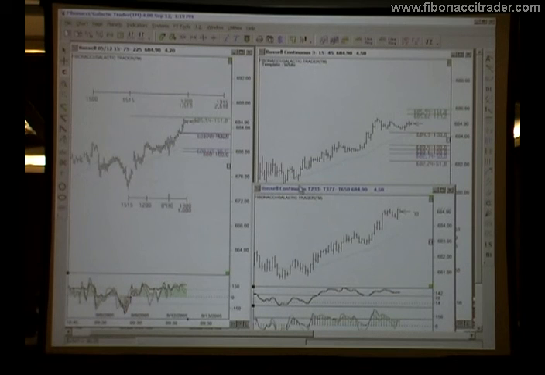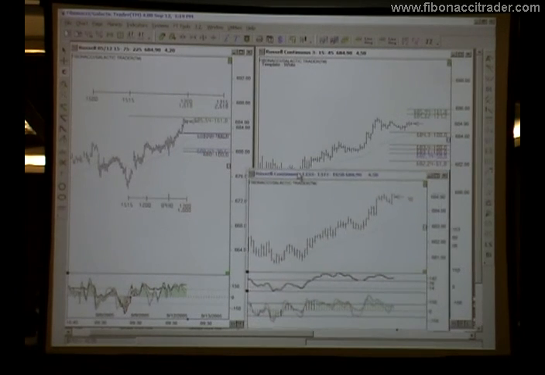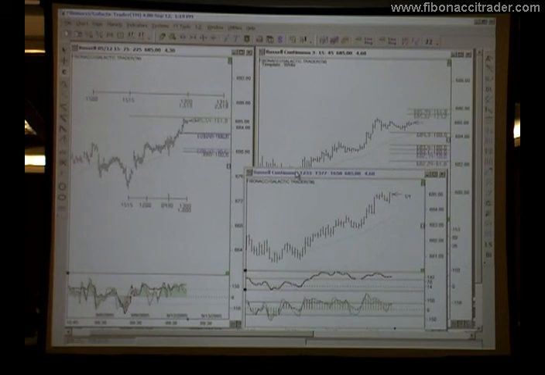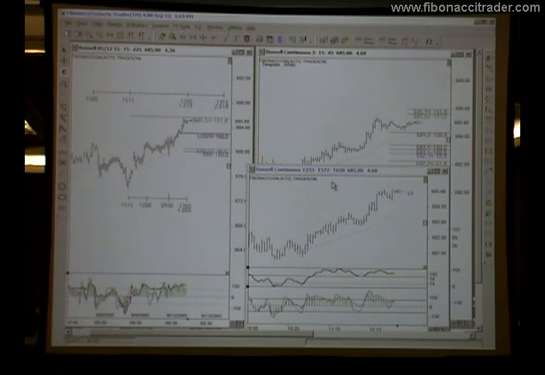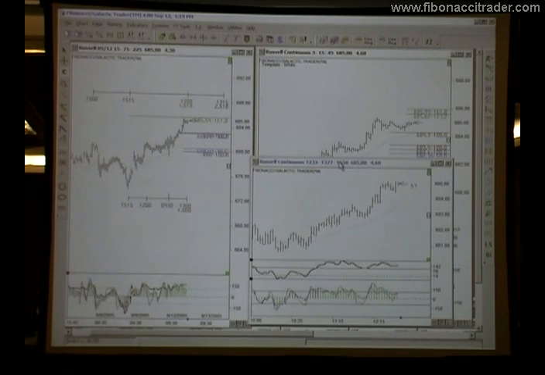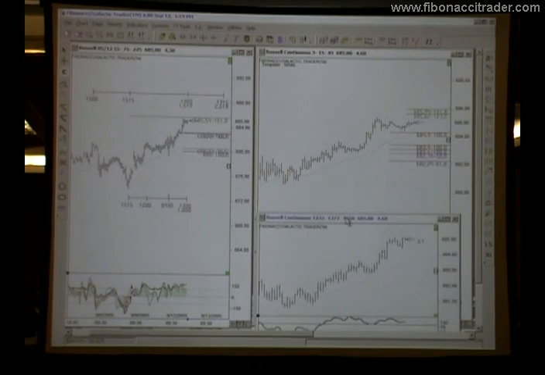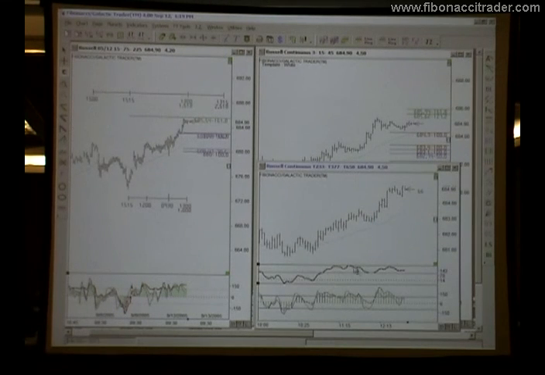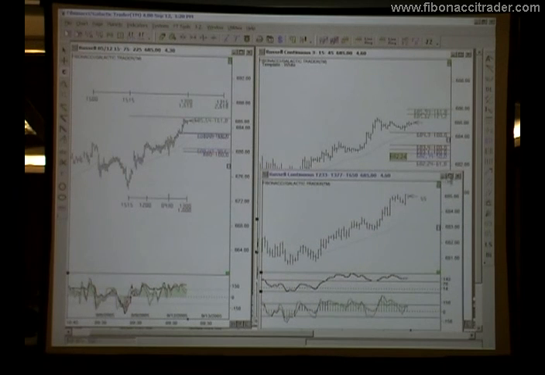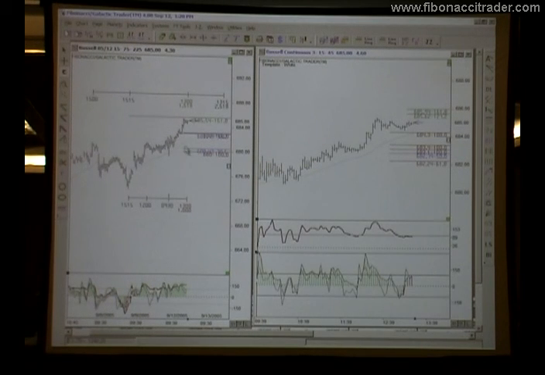Yeah, here was the divergence on CCI when we hit the timing, but the support's still holding. Slow grind up. Yeah.